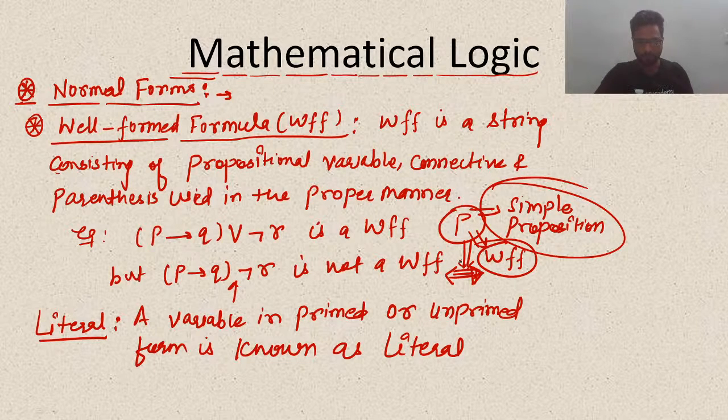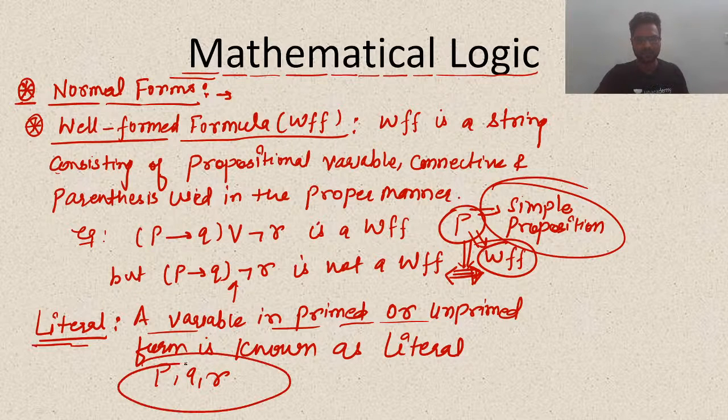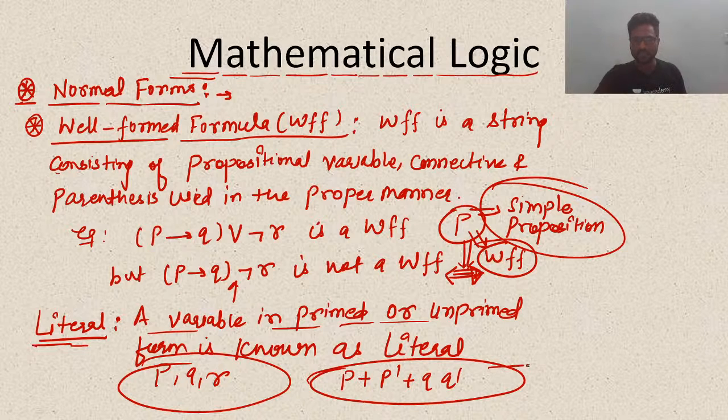Okay. So what is a literal? A literal means a variable in primed or unprimed format. For example, if there are variables, let's say p, q, r, then these are the variables. But if we write p, p dash, q, q dash, then this expression contains literals, that means a variable in primed or unprimed format.